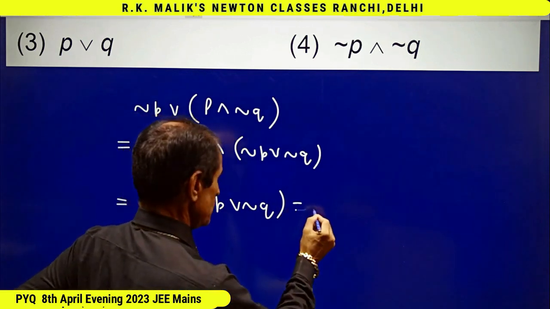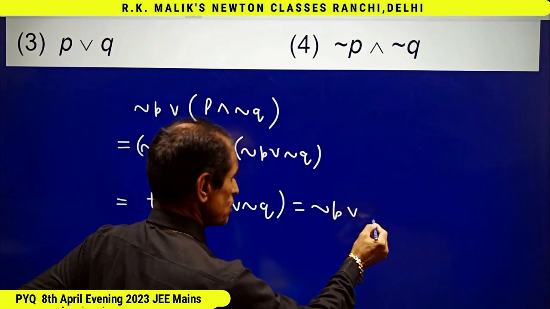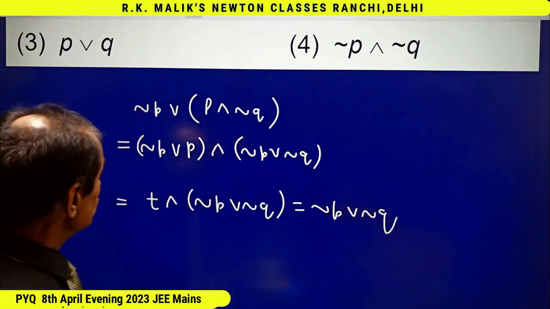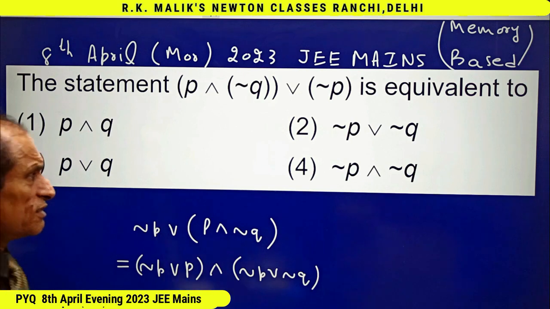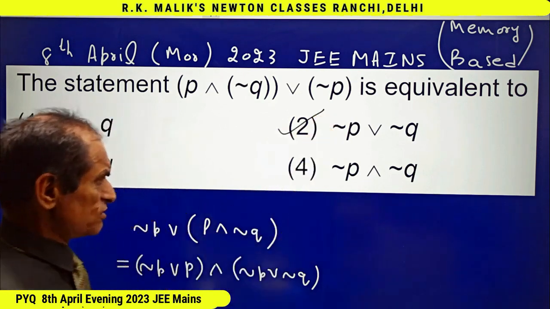That is, I get negation P or negation Q. Hence, I can say second choice is correct choice.